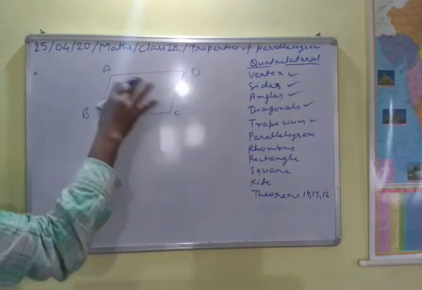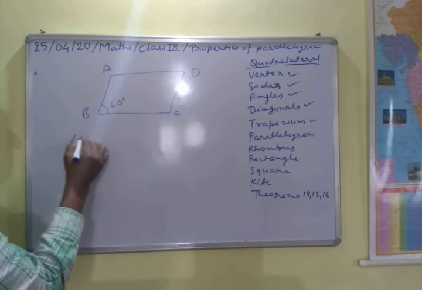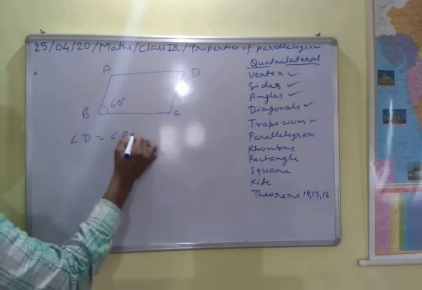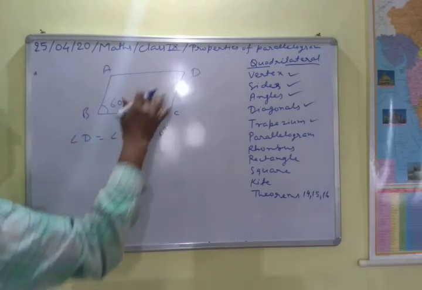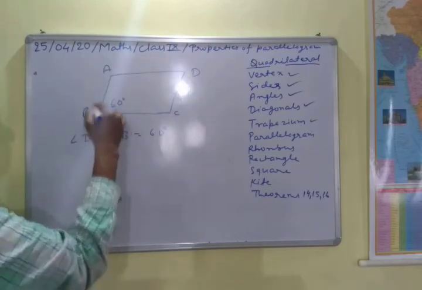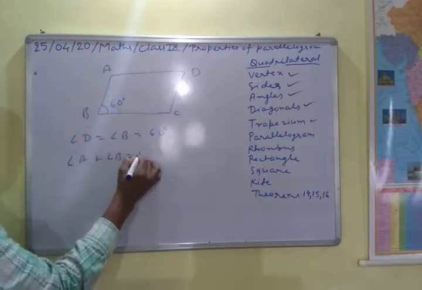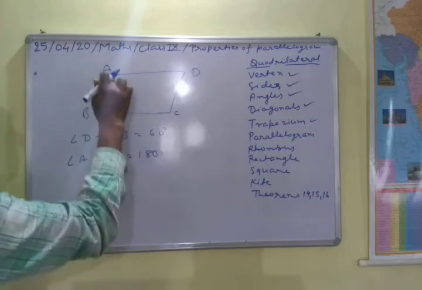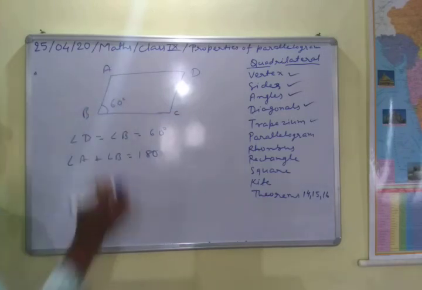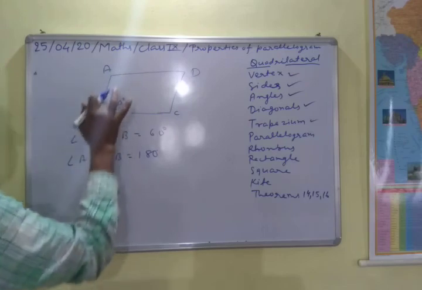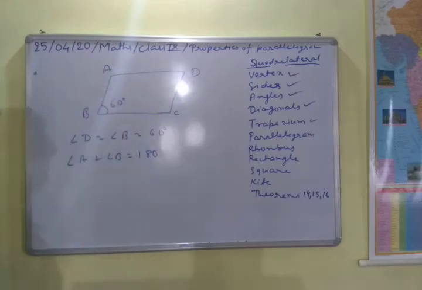And you know that the opposite angles are equal here. So angle B equal to 60 degree. So this is also 60 degree here. Next, angle A plus angle B is equal to 180 degree. That is the sum of these two angles is equal to 180 degree, because these two angles are the co-interior angles on the same side of the transversal.